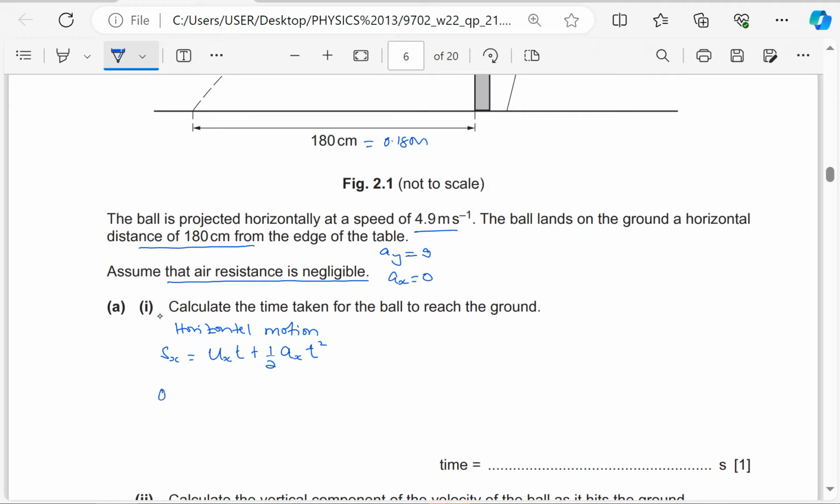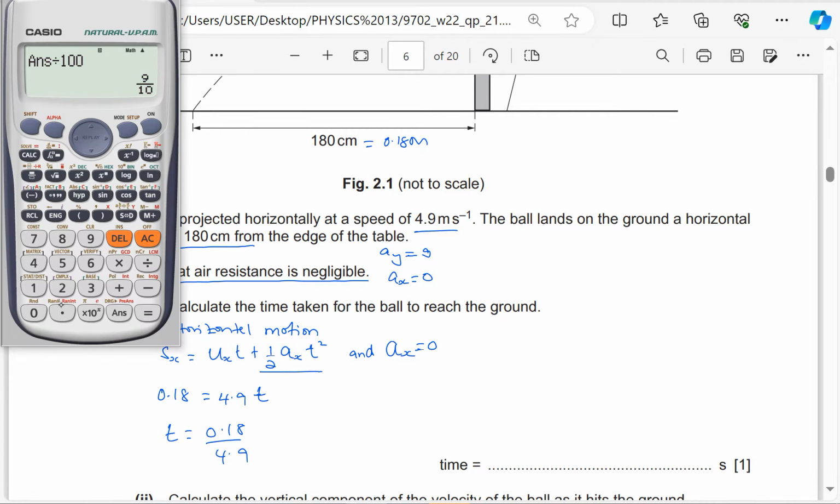So I'll say 0.18 meters equals initial velocity in the horizontal, which is given as 4.9, then times t. Remember I said acceleration in the horizontal is 0 because there is no force acting in the horizontal. The only force acting is the weight, which is vertically downwards. So there's no acceleration in the horizontal, so this last part becomes 0. So this means t is going to be 0.18 divided by 4.9.